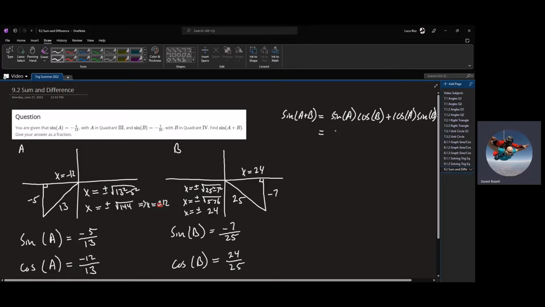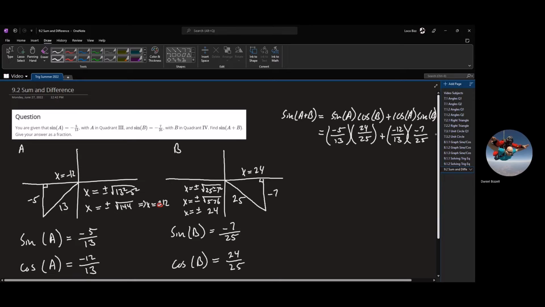So sine of A is -5/13 times our cosine of B, which is 24/25, plus our cosine of A, which is -12/13, times our sine of B, which is -7/25.